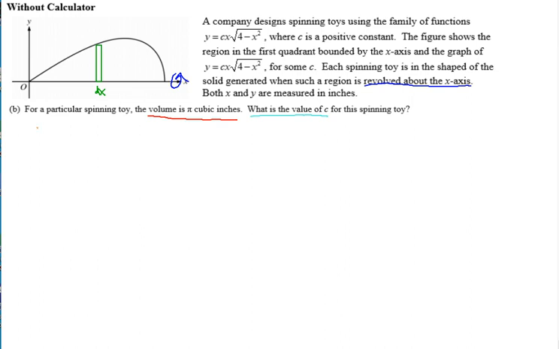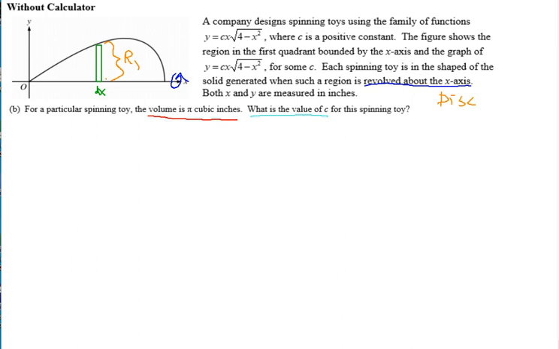So we've got pi on the outside. Well, normally, notice this one would involve the disk method, since the rectangle and axis of revolution are perpendicular to each other. And R1 would be from the axis of revolution to the far end of the rectangle.